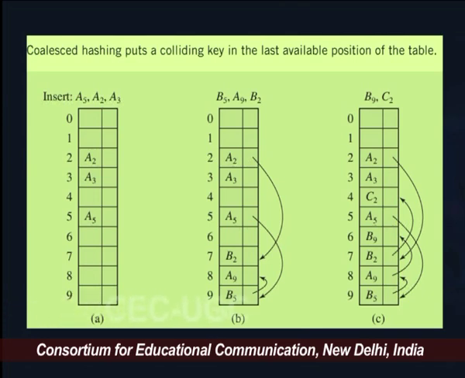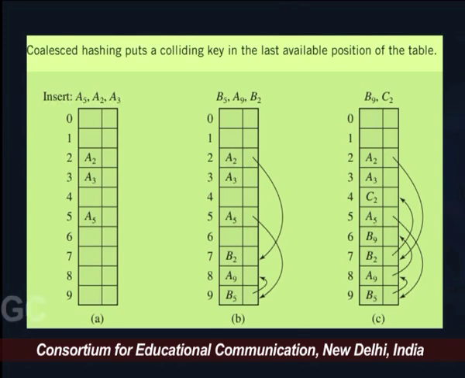Then there are two more keys which are inserted, B9 and C2. C2 is being given position number 4, and this position number 4 is marked as the entry next to B2. So, there is a link from A2 to B2, then a link from B2 to C2.